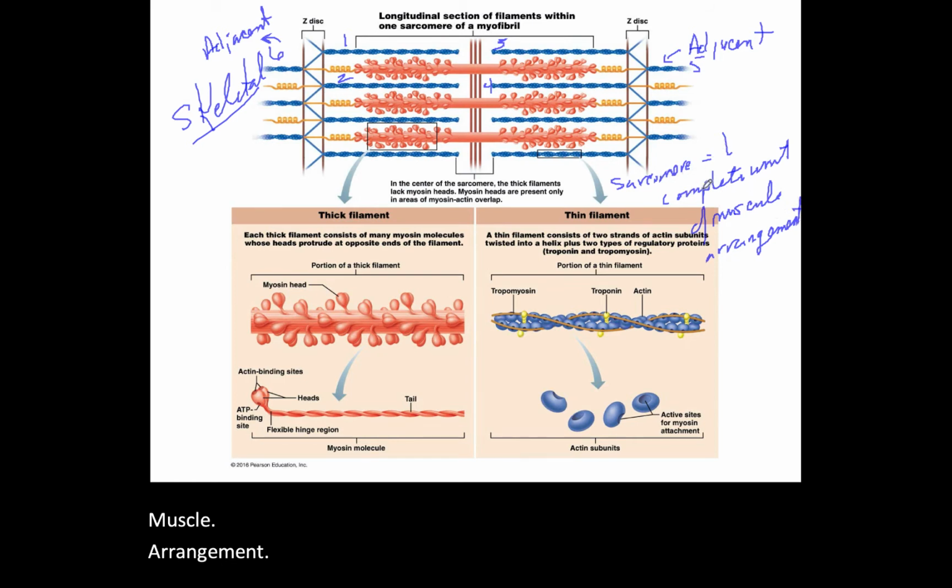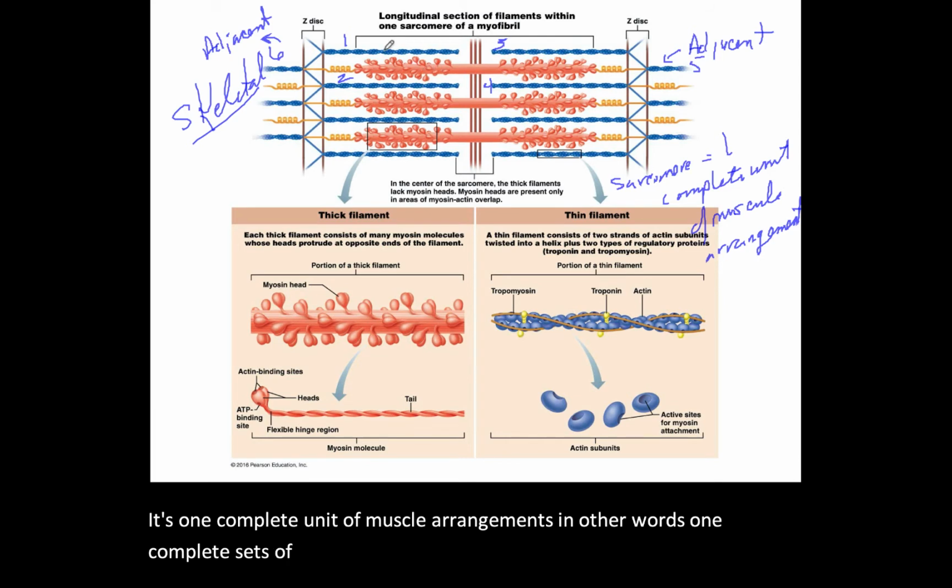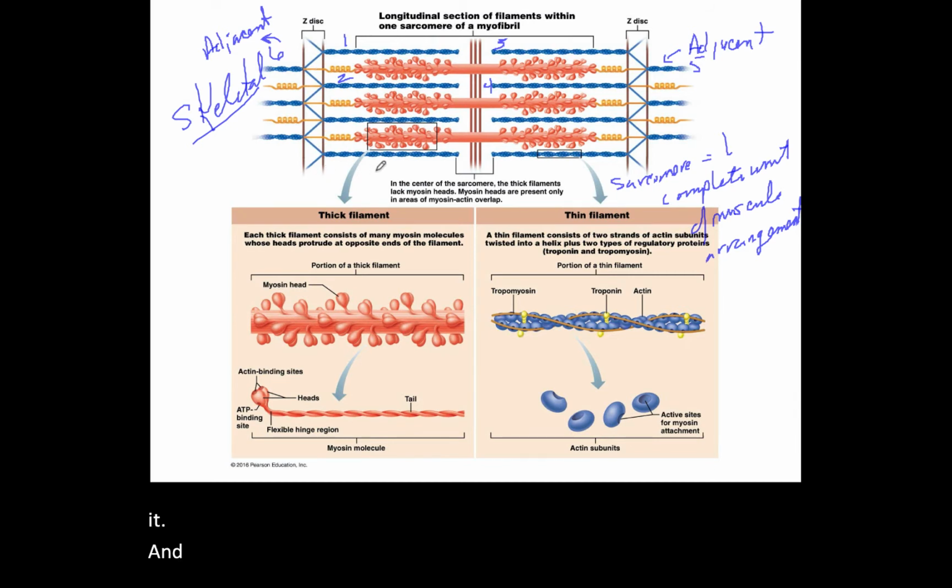It's one complete unit of muscle arrangement. In other words, one complete set of thick myofilaments and the thin myofilaments that surround it. And so this right here is a sarcomere.